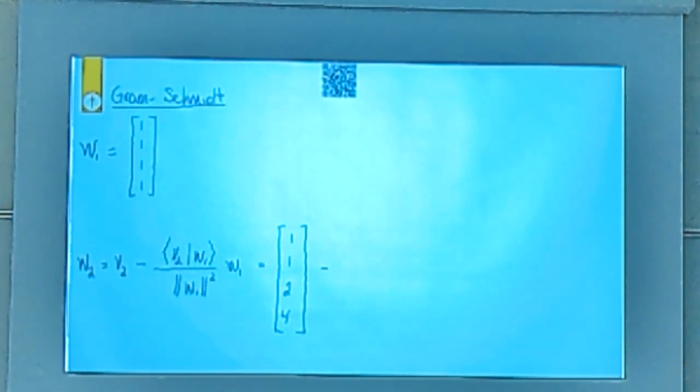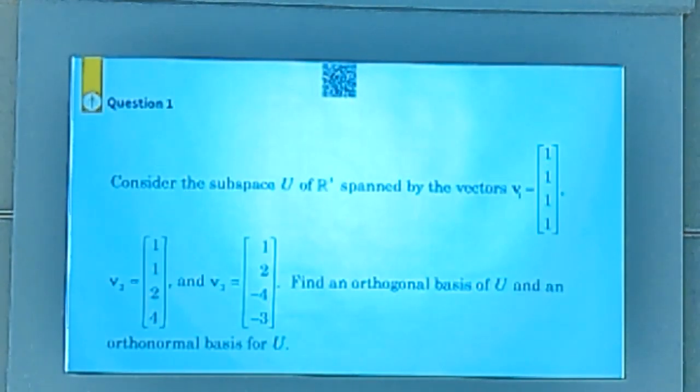We're dealing with the standard inner product for R4, which is the dot product, right? So we're taking the dot product of V1 and V2. Inner products in general are commutative, so it doesn't matter the order in which you do it.